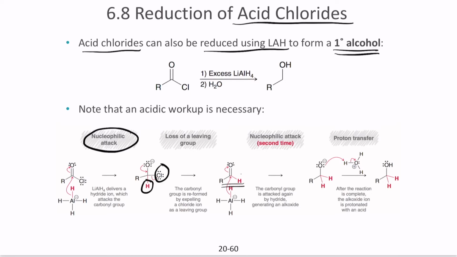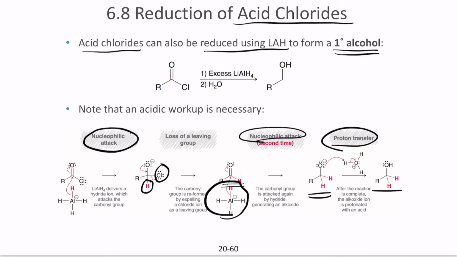The aldehyde further undergoes a nucleophilic attack by the aluminum hydride ion, and then results in the formation of a general structure, and the oxygen then undergoes proton transfer, finally creating the alcohol. So this is the reduction reaction.